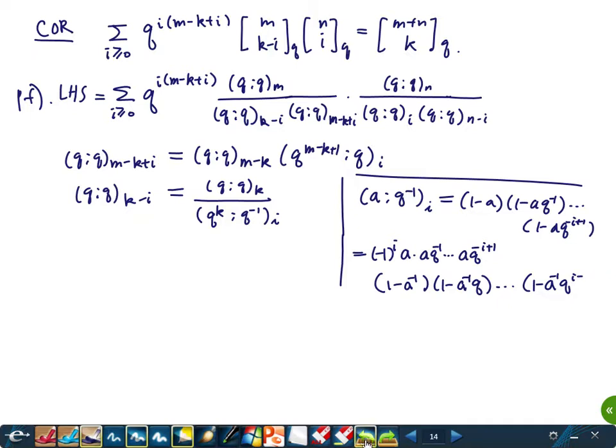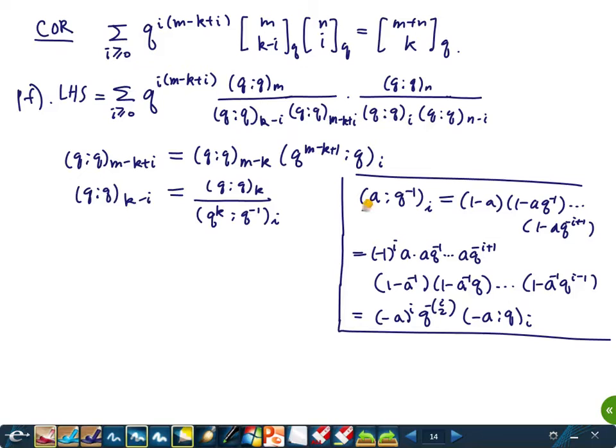Minus. Okay? So this is what? We have I, so minus A raised to I. This is Q to the sum of 1 minus 1 plus 2 plus dot dot dot I, so it's I choose 2, minus I choose 2. And then this part is minus A Q I. So you can change this like that.